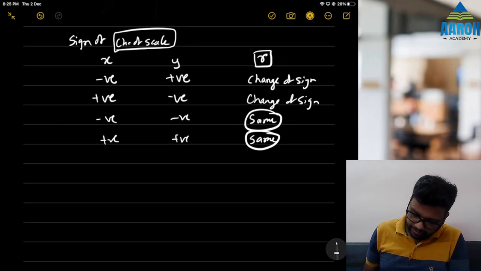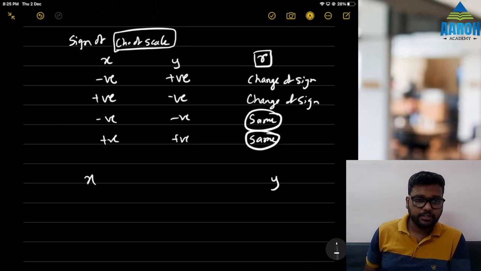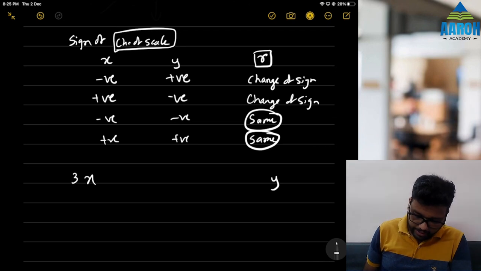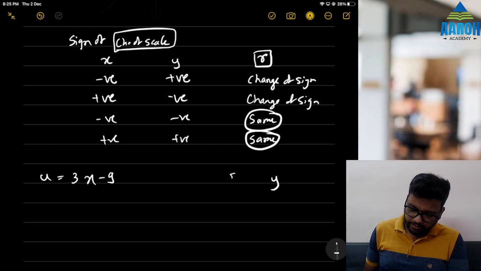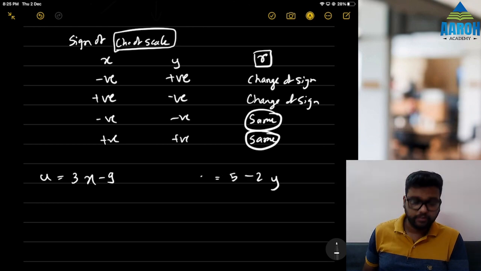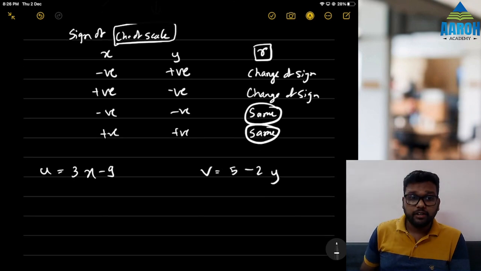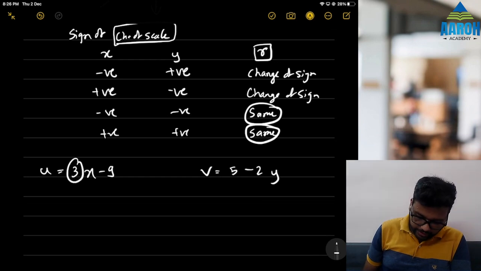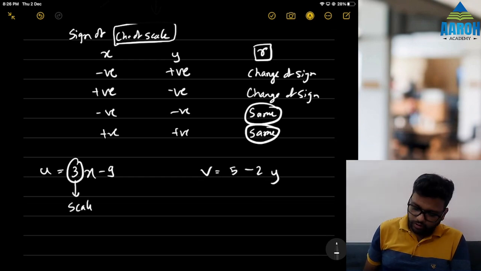For example, let's say we have x. We did 3x minus 9 is equal to u, and we did 5 minus 2y is equal to v. That means for x the change of scale is 3, for y the change of scale is minus 2.